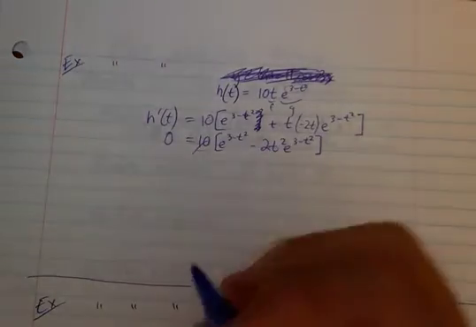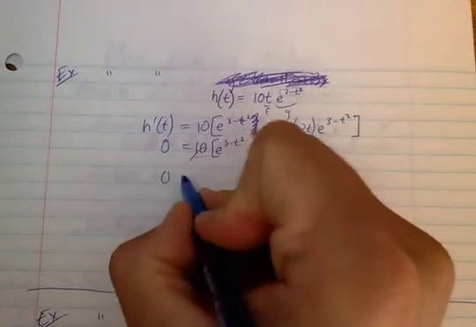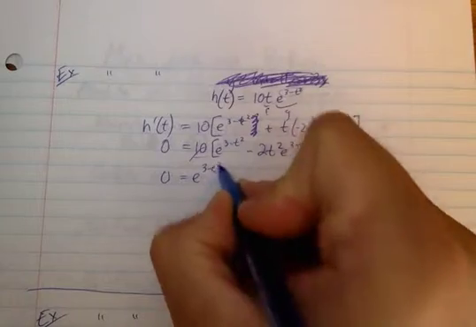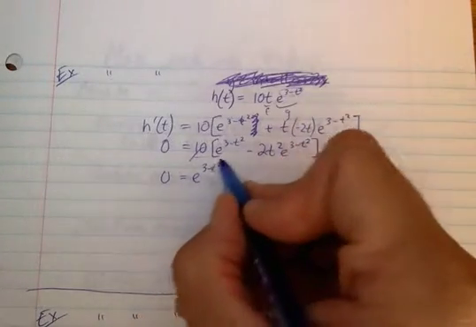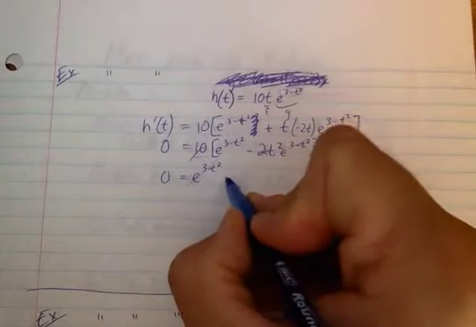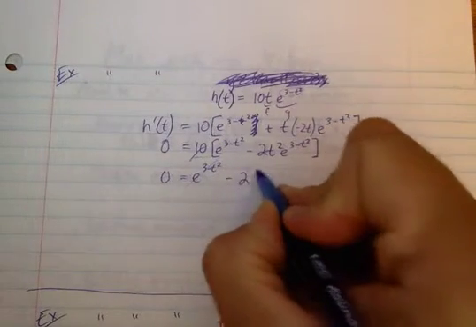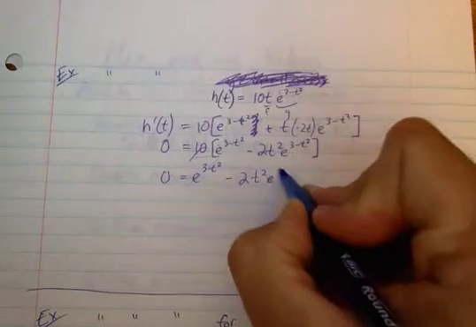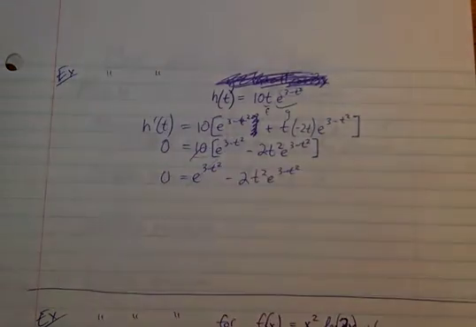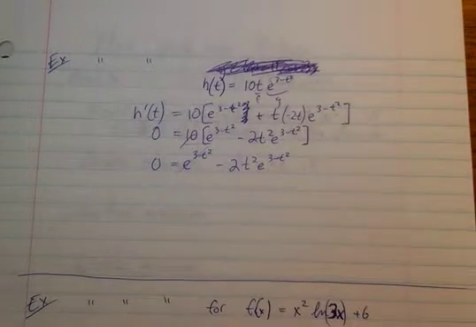And then we can say 0 equals 3 e to the 3 minus t squared. Is there any way that this can ever go to 0? No. Minus 2 t squared e to the 3 minus t squared. What about that?